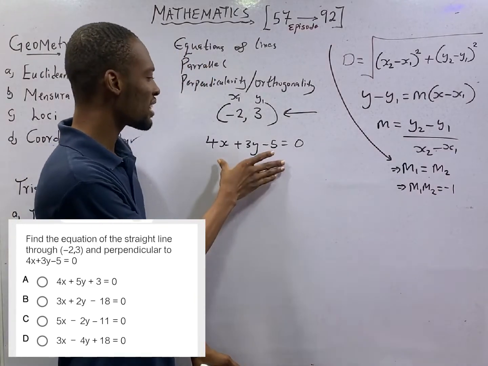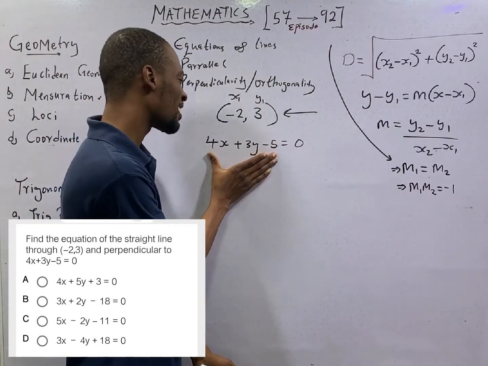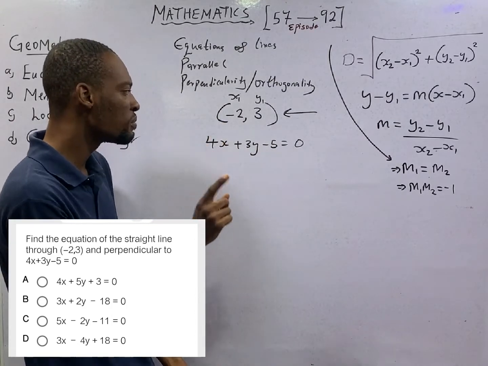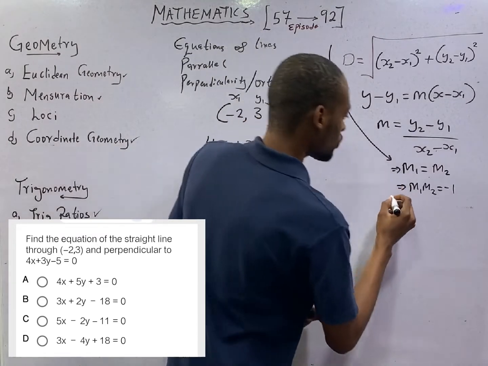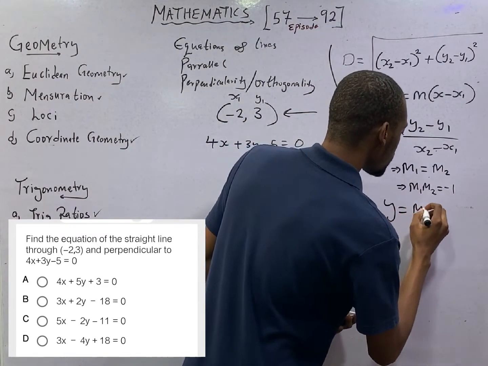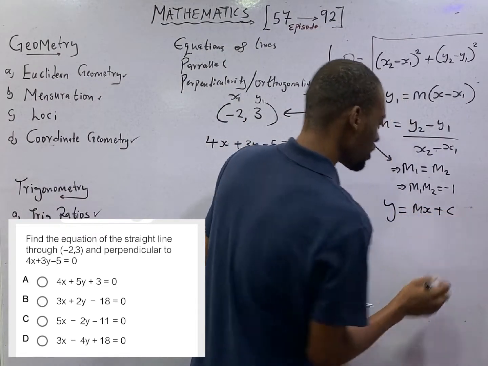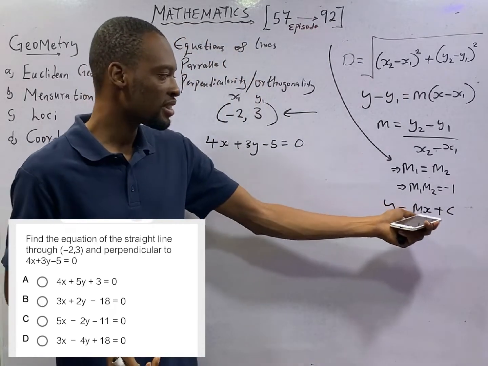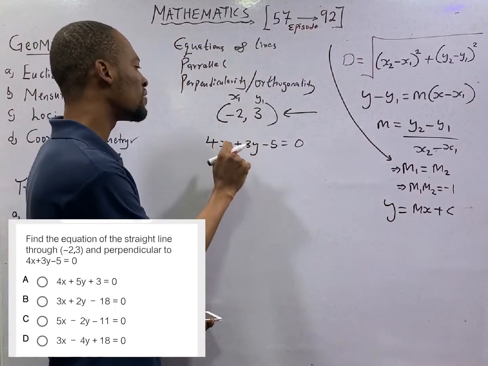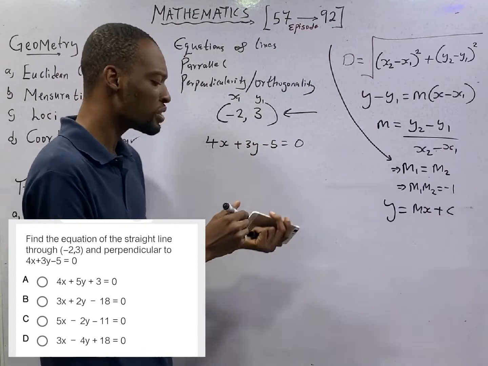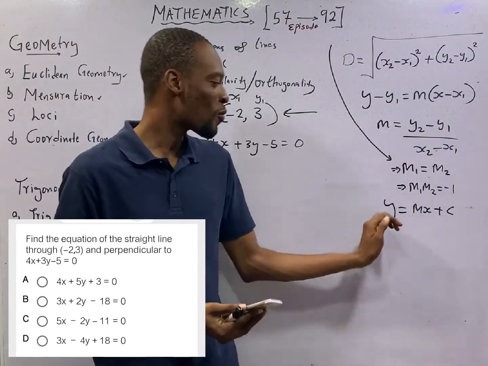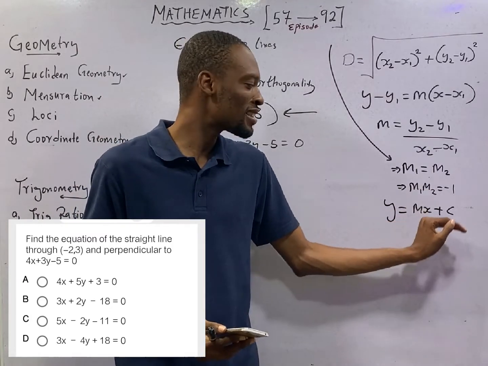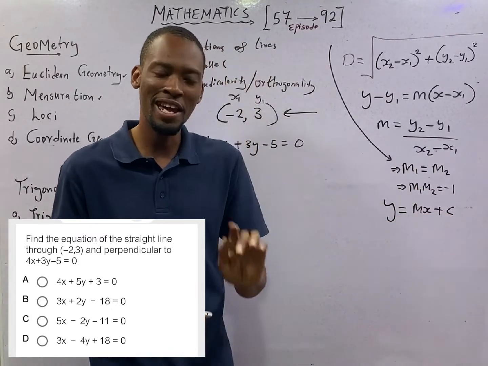Anytime you are given an equation of a line like this, make sure you make y the subject of the formula, because y = mx + c, where m is the gradient.